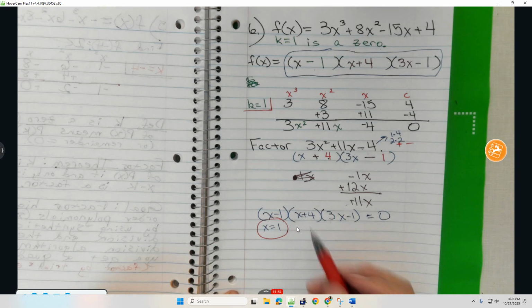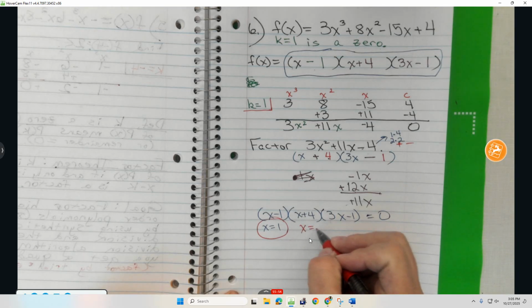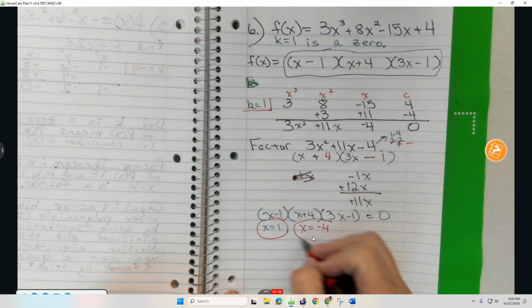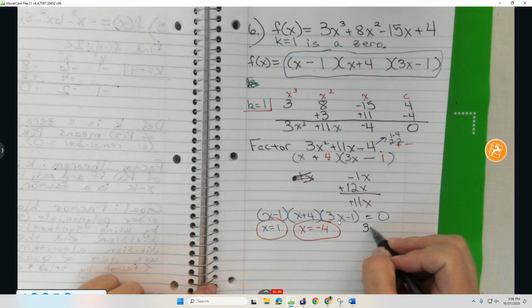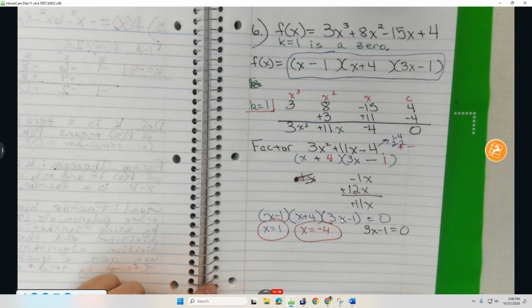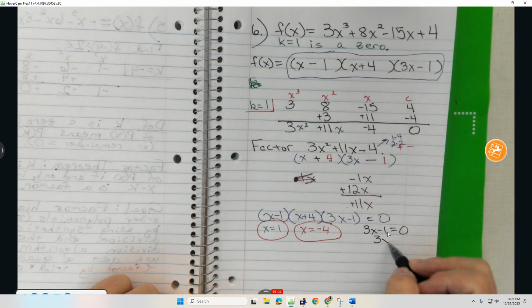When is x plus 4 equal to 0? When x equals negative 4. There's the second zero. There's one more. What's the third remaining zero? I'd take the 3x minus 1 and set it equal to 0. What are we going to get?